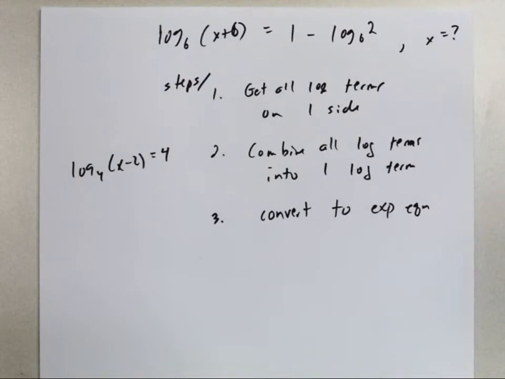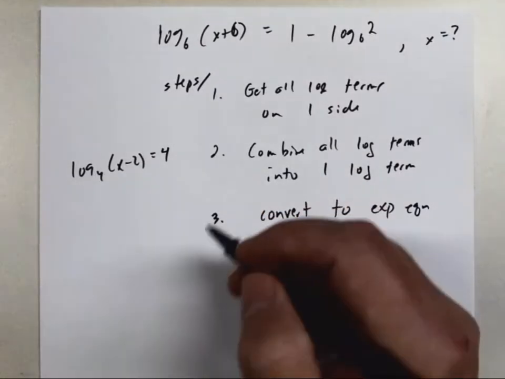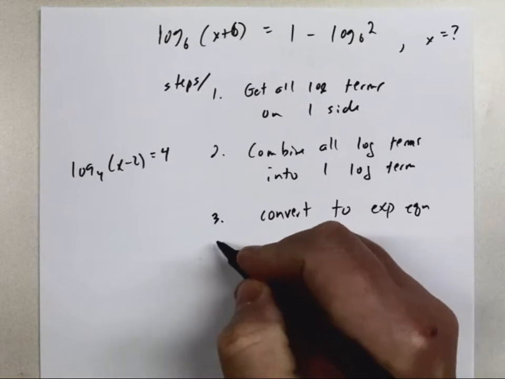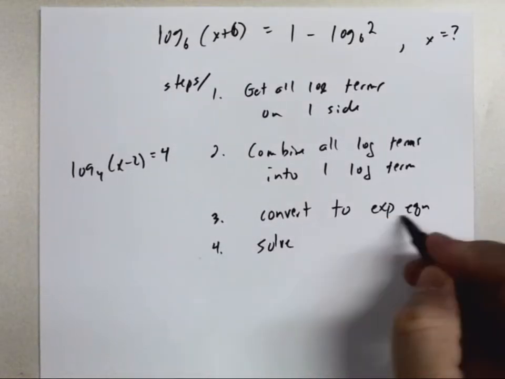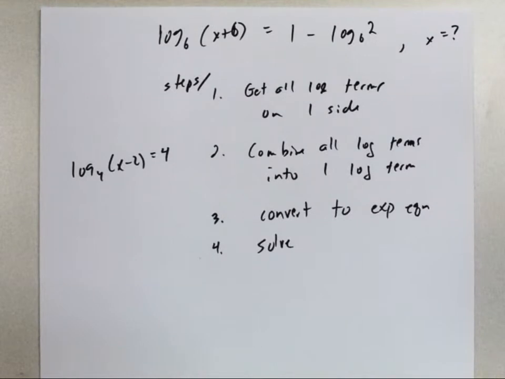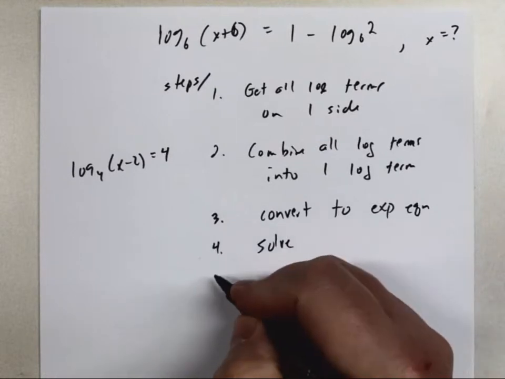We've already done that before. In a minute, you'll see me do it again. Let me just finish out these steps and we can actually do some problems. And you're going to see, after we convert this into an exponential equation, I'll be able to solve it.